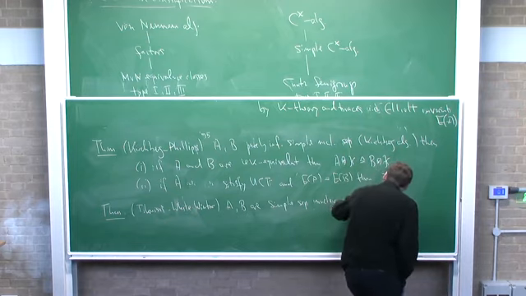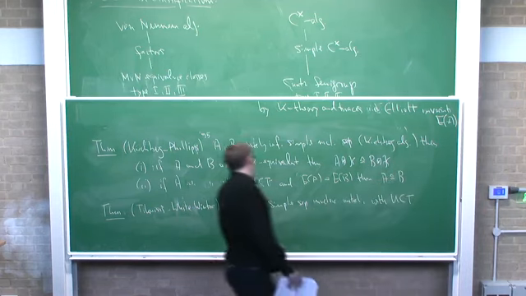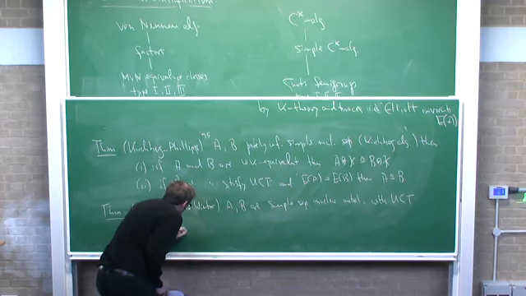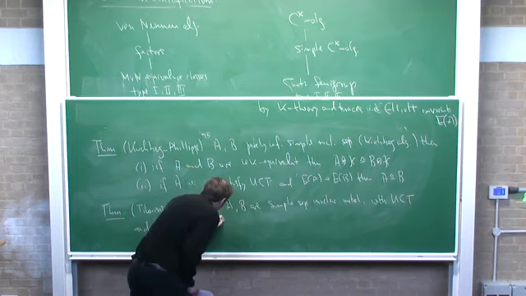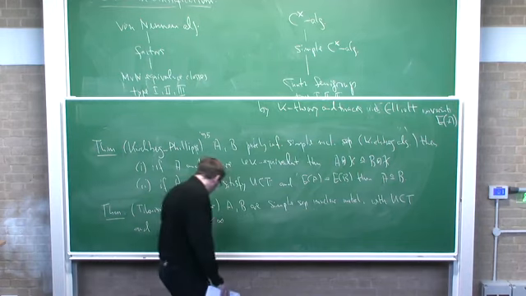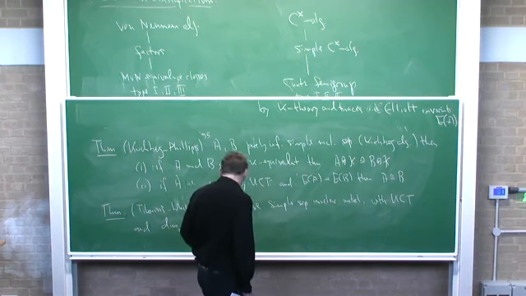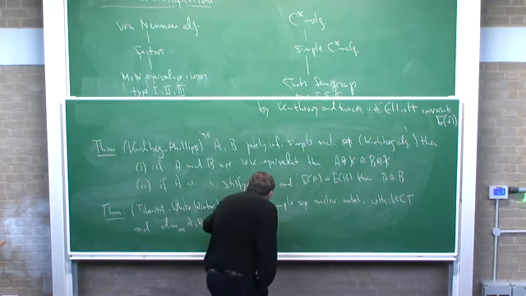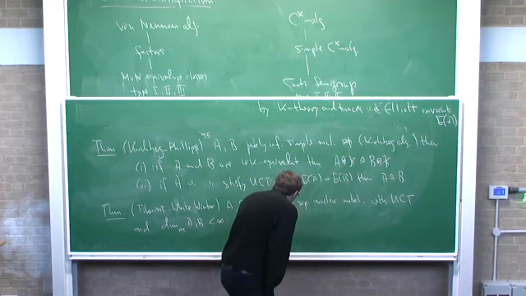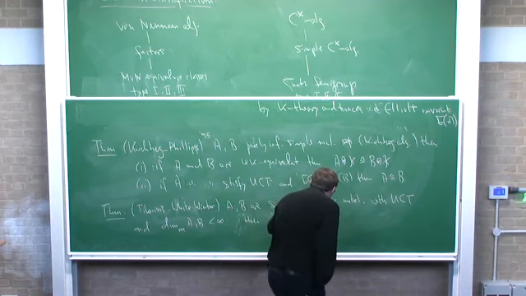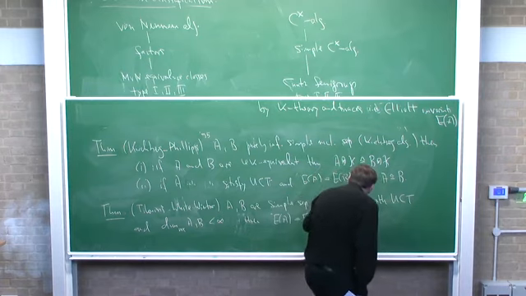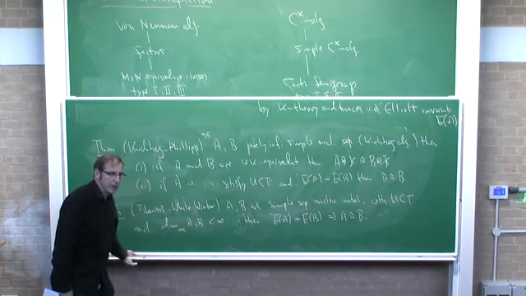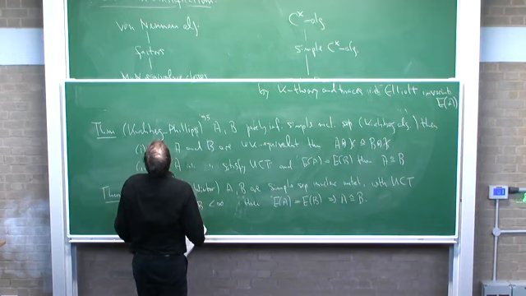With UCT, and the so-called nuclear dimension of A and B, which is the topological dimension for C-star algebras, is finite, so for both of these we want that this is finite, then moreover EA equals EB implies that A and B are isomorphic. So they're classified if they satisfy this regularity condition of finite nuclear dimension.